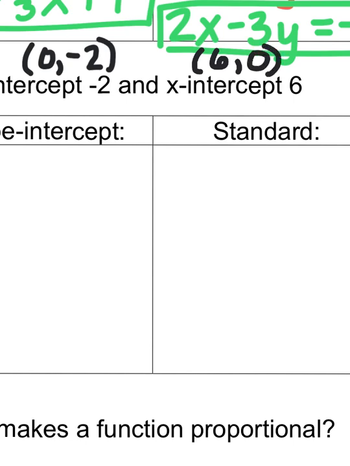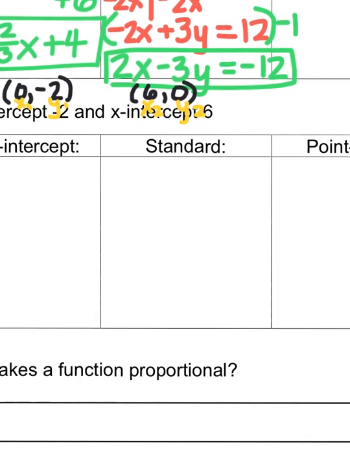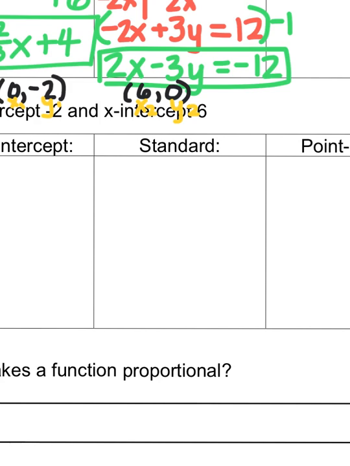So where does that leave us? We must start with the slope. So let's go ahead and label our points, and we will use the slope formula. M equals y2 minus y1 over x2 minus x1.